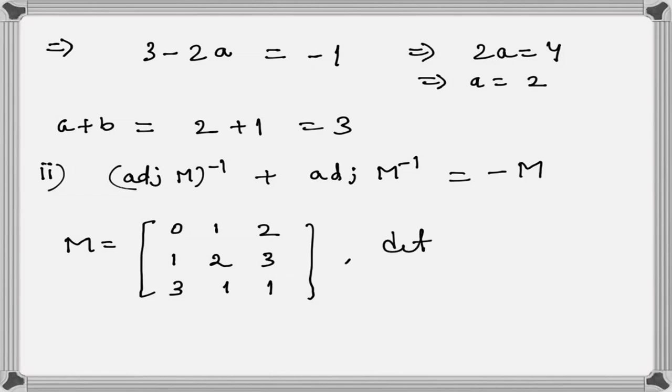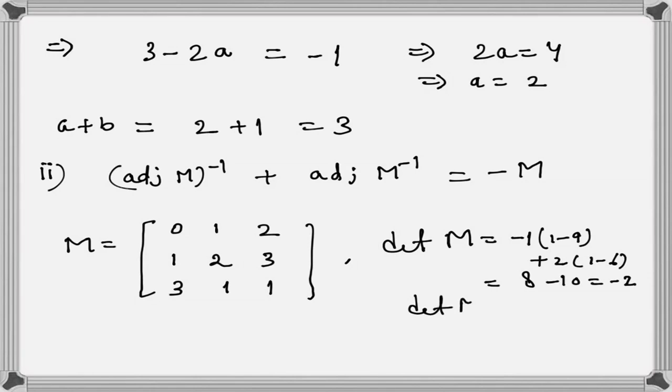The determinant of M is minus 1 into 1 minus 9, plus 2 into 1 minus 6, which is 8 minus 10, equal to minus 2.